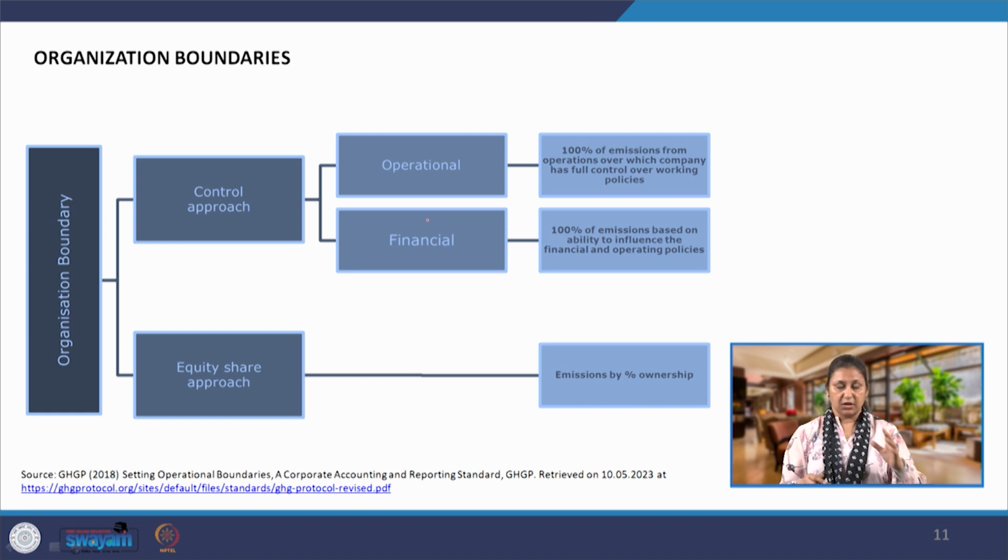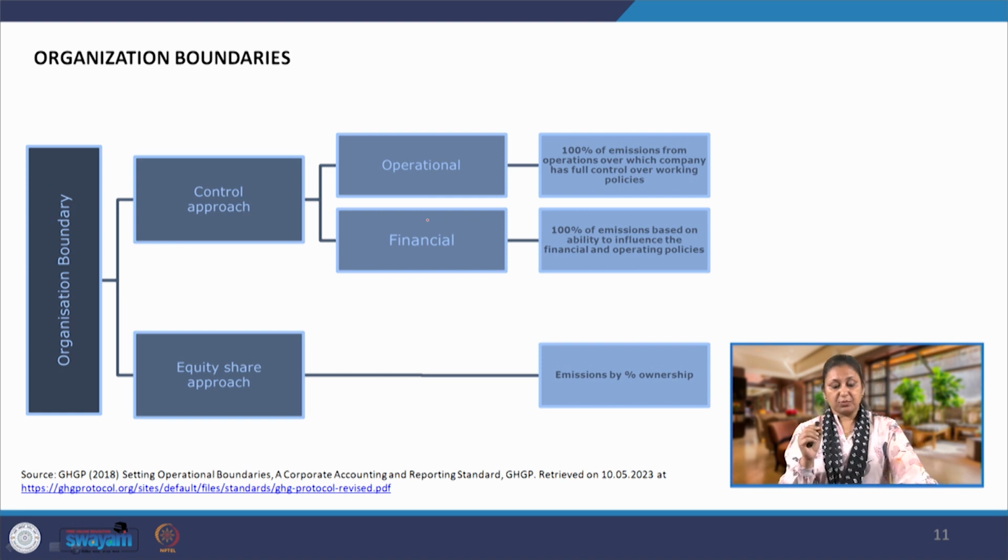But currently GHG emission reporting requires a company to define its organization boundary based upon any one approach, either control approach or equity share approach. Now, the control approach could be two way, but when a company chooses the control approach, they have to go ahead with both operational as well as financial.